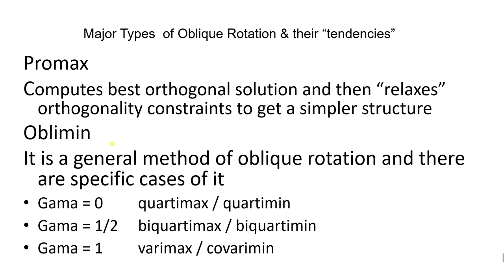First, we do the orthogonal rotation, then we decide a power between 2 to 4, and we put that power on the factor loading. Say we have decided 2, then we will square the factor loadings. All the factor loadings will be squared. And then in the third step, we will relax this orthogonality and we will see which is the solution that is more interpretable.